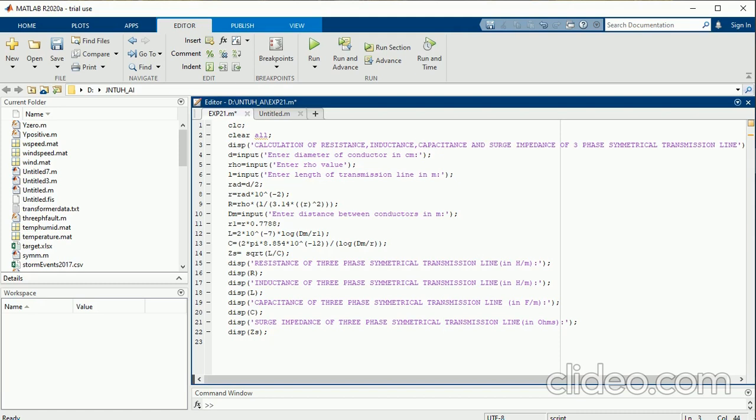The first line of our code is CLC, which is used to clear the command window, and next, clear all, which is used to clear the workspace. Next, I provide a display function which gives the title of my program. I'm considering the calculation of resistance, inductance, capacitance, and surge impedance of a three-phase transmission line.